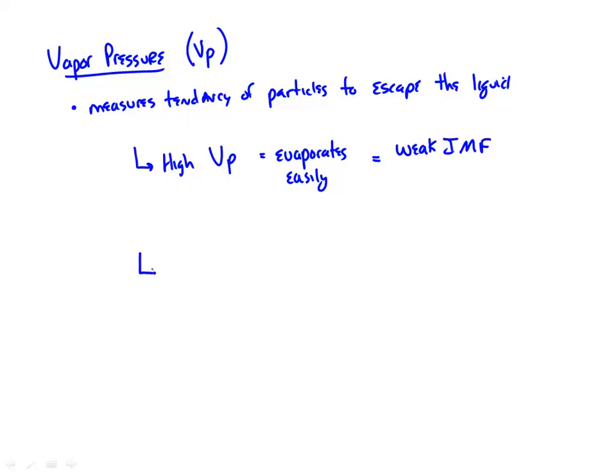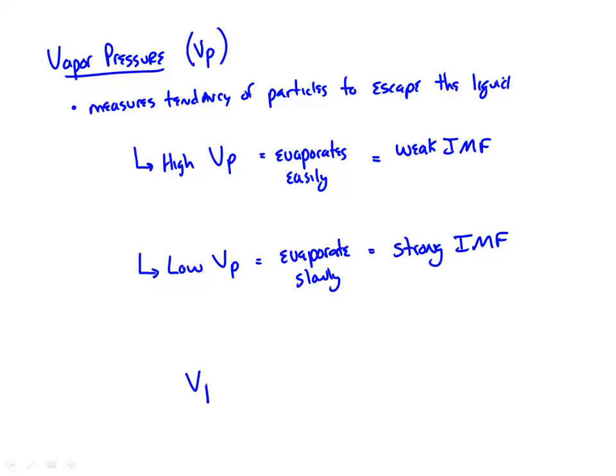And then of course the exact opposite, a low vapor pressure means that things evaporate slowly, which means they have strong intermolecular forces. So what we can really say is that vapor pressure is inversely proportional to the intermolecular forces.